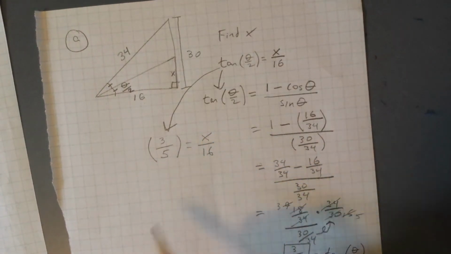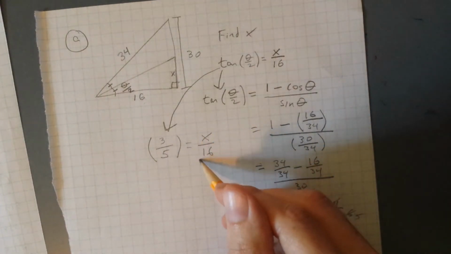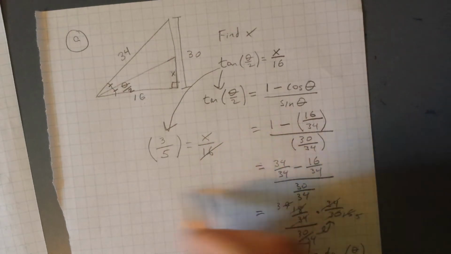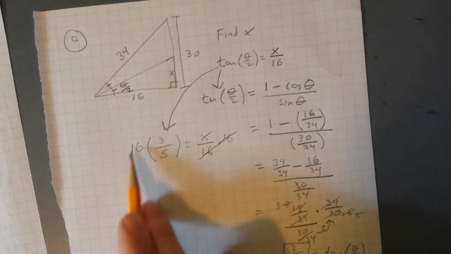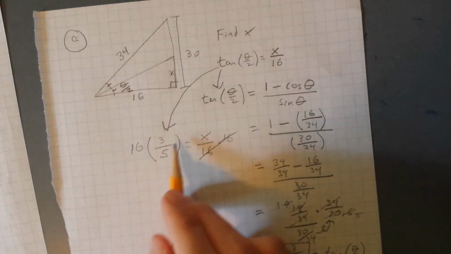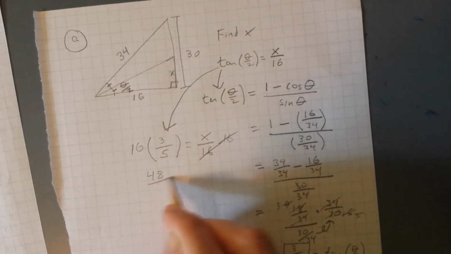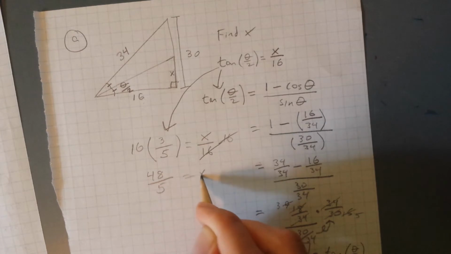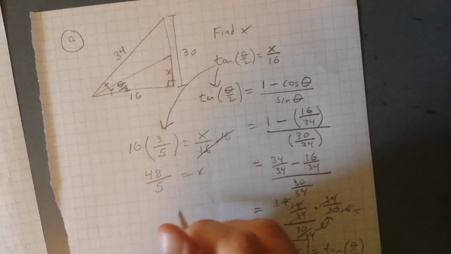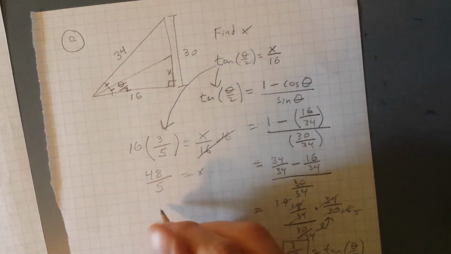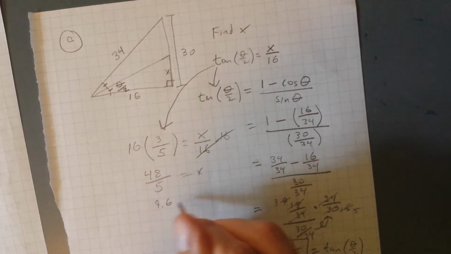You can cross multiply if you really want to, but I like to do things the easy way, so I'm just going to multiply both sides by 16. And there's my answer. 48/5, or as a decimal, would be a little less than 10, 9.6.